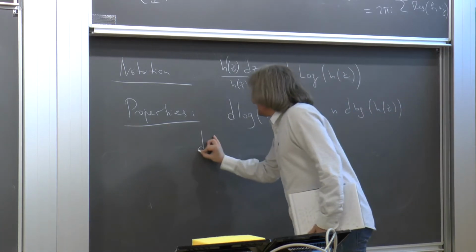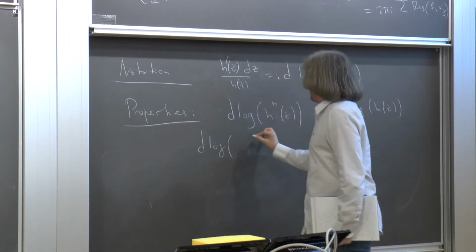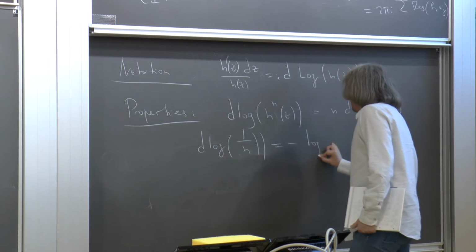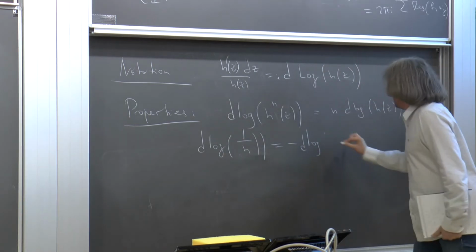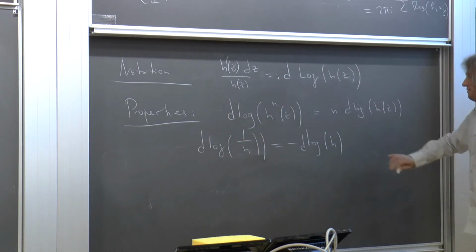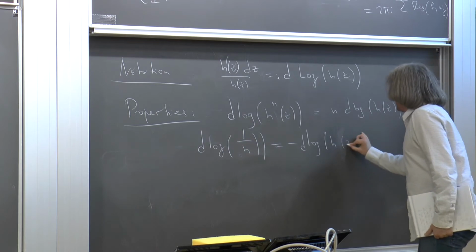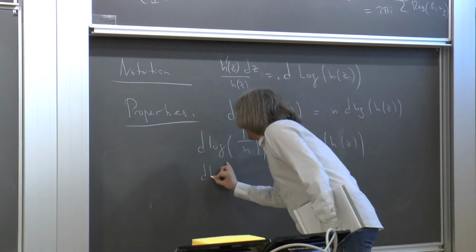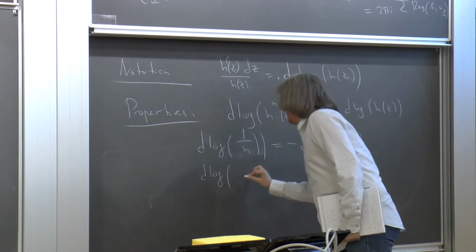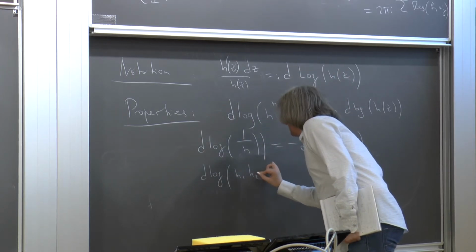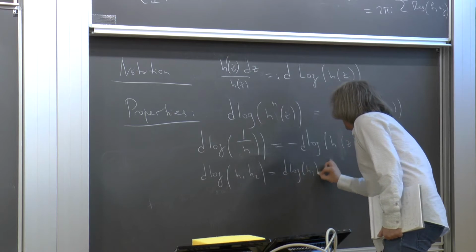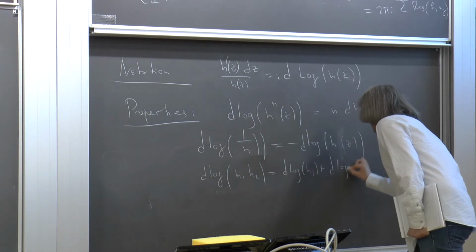In the same way, d log of 1 over h is minus d log of h of z. And d log of a product h1 h2 is d log h1 plus d log h2.